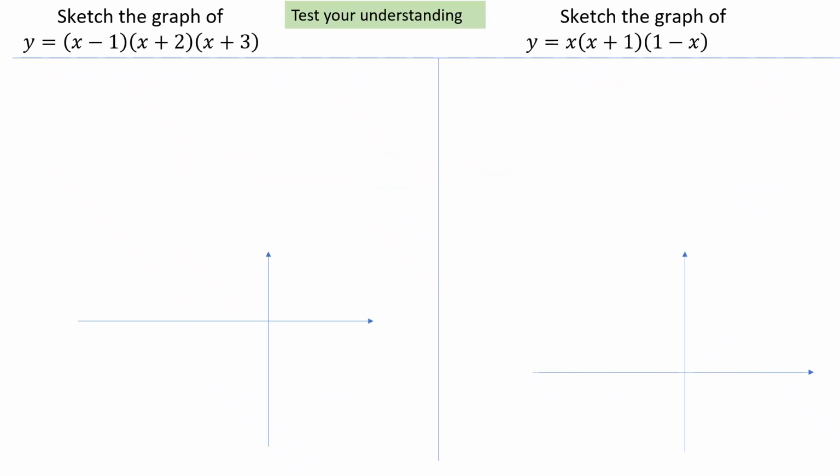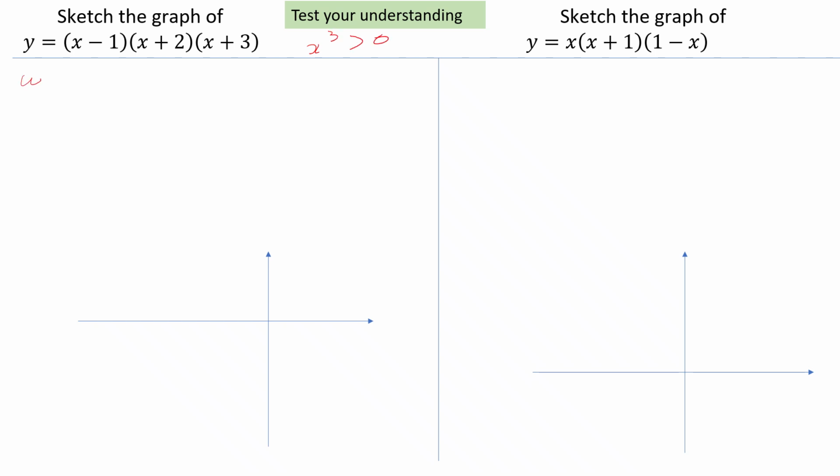Pause this video and try it yourself. This graph is positive x cubed, since x times x times x is positive x cubed. It's positive, so x cubed is greater than 0.